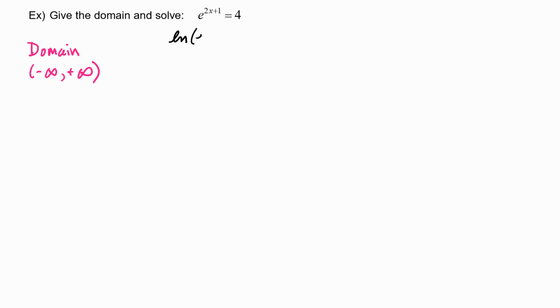So we will take the natural log of e to the 2x plus 1, which means we have to take the natural log of 4. Now, natural log of the exponential function, they just undo each other because they are inverse functions. So the left-hand side becomes 2x plus 1, and the right-hand side is just the natural log of 4.